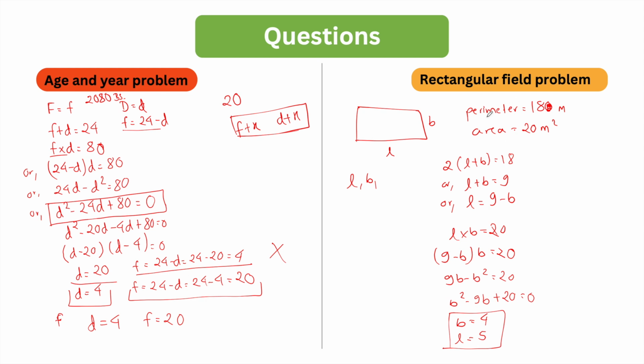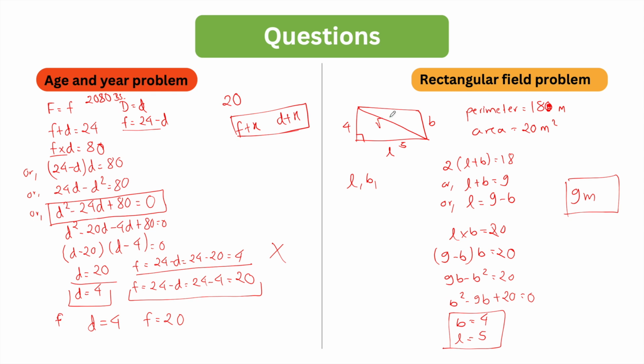And they will ask, let us suppose they give 9 meter: is it possible to make a 9 meter long wall in this field? So they will ask this kind of question. And for that we will also need the hypotenuse, since this is a rectangle. Okay, so this is 90 degree, and if we draw this, this is 5, this is 4, and this will be how much?